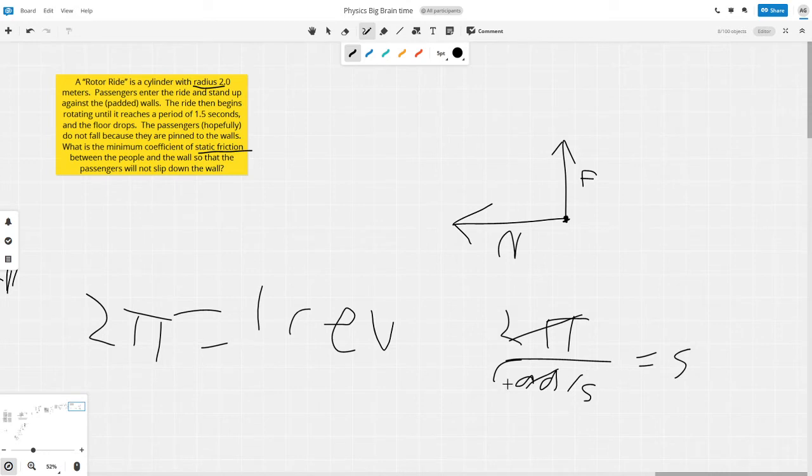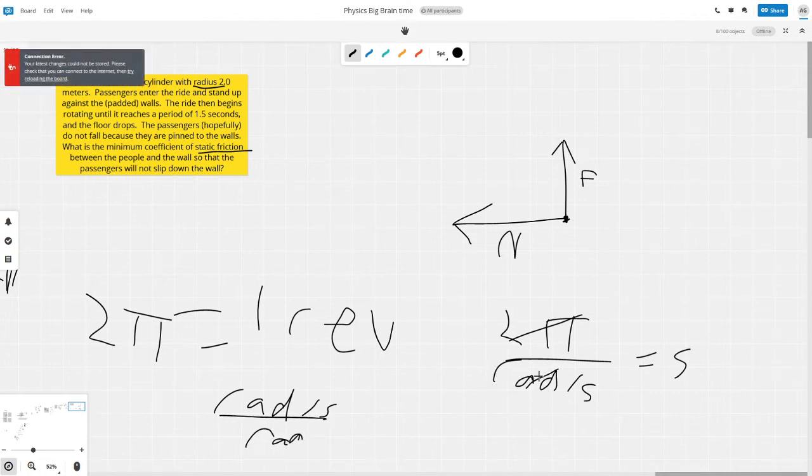That's your period. For frequency, it's the inverse. You have radians per second, and you divide that by your radians, which is just 2 pi because that's one full revolution, and then you get your per second, your 1 over seconds, for your frequency.